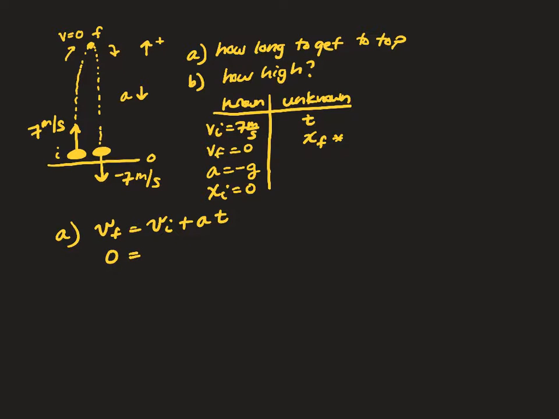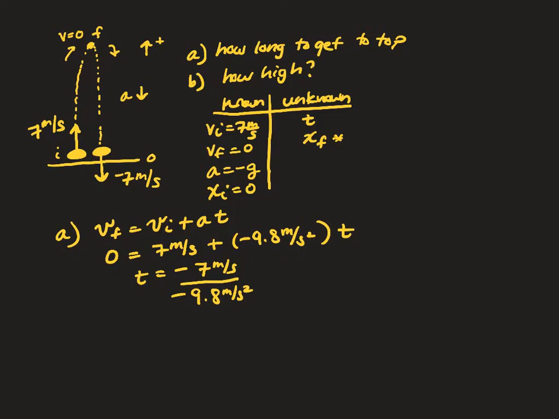So V final is 0, V initial is 7 meters per second, plus negative 9.8 meters per second squared, times t. Don't forget your signs, and you'll see how that sign is really important because it's going to give you a positive time. So the time winds up being negative 7 meters per second over negative 9.8 meters per second squared. The negatives cancel, and if you work out your units, you'll see you get seconds.